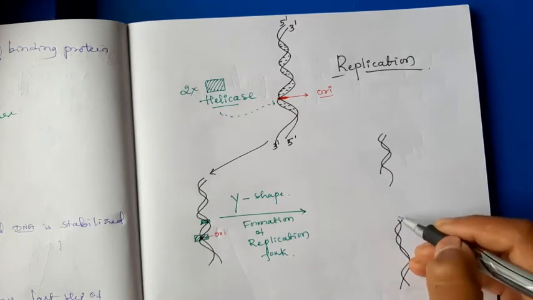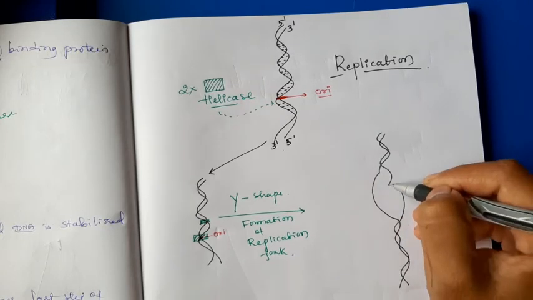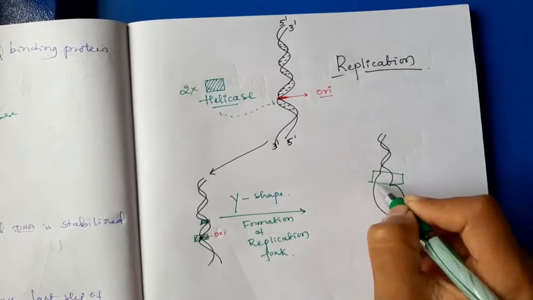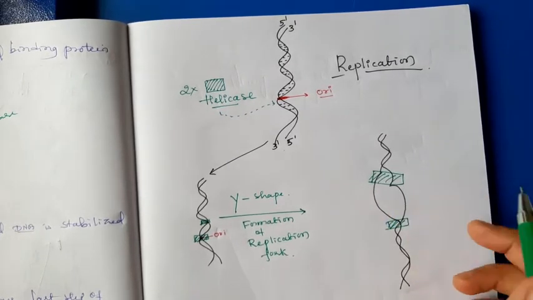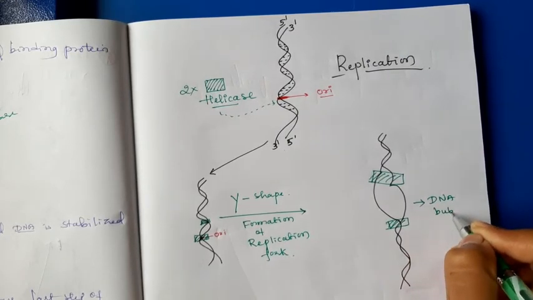Just wait students, I will explain all these things. When the helicase is attached on either side of the DNA ORI site, it will form the DNA bubble. Okay.